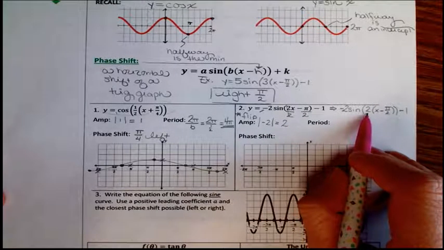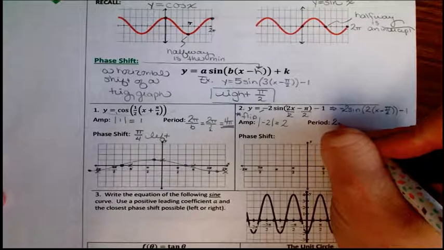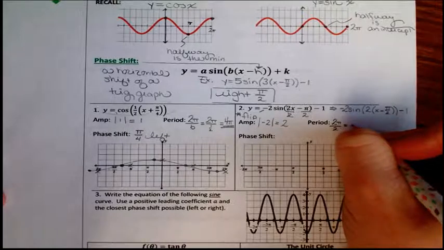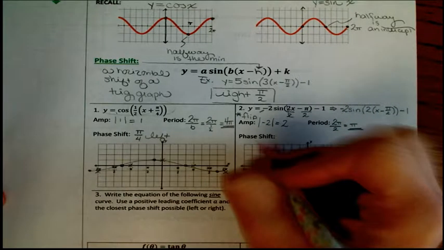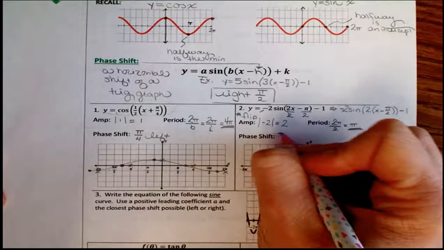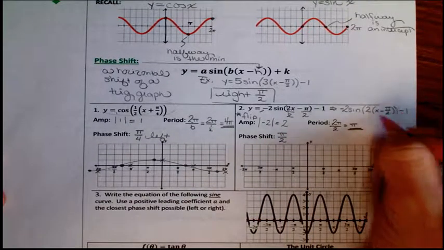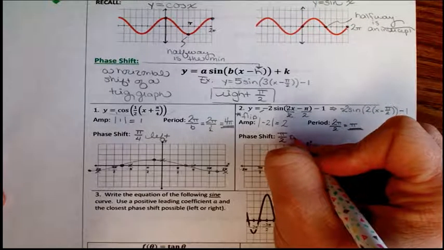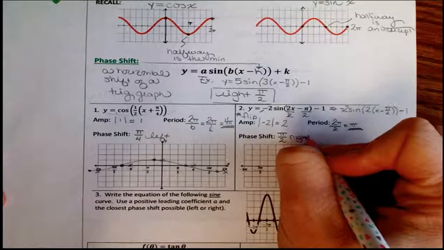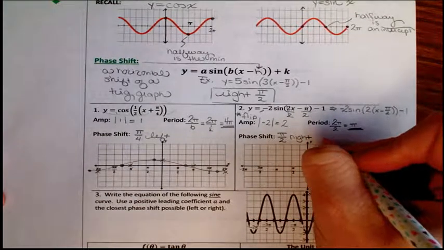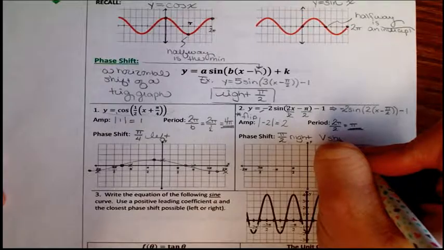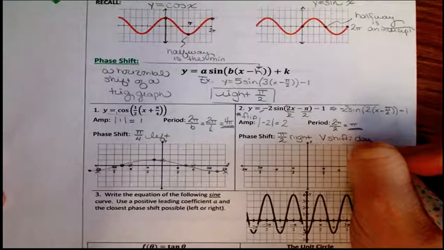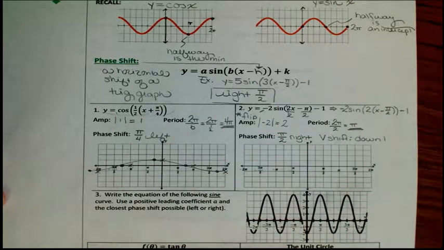The period is 2 pi divided by 2, which is just pi. Our phase shift is going to be pi over 2 units, opposite of what we see here, negative. So we're going to move positively, which is right. And I want to put in my vertical shift as well. It is down 1 unit.